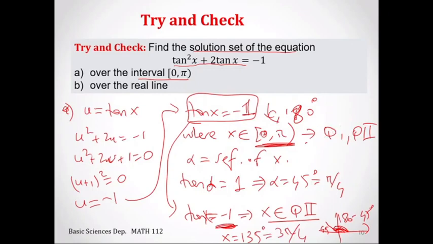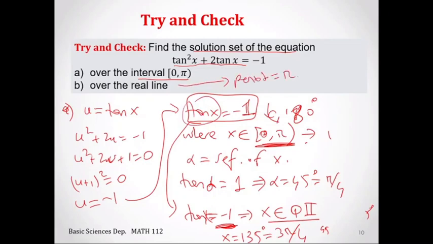Now, after this, we have to write the solution. Writing the solution here is easy, because tangent x has the period pi, and we found the solution over the interval 0 to pi. The solution here is 3 pi over 4.